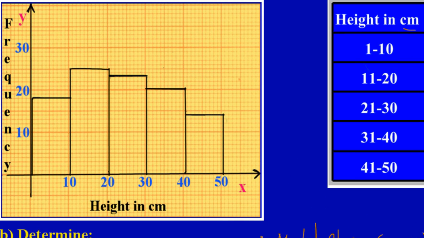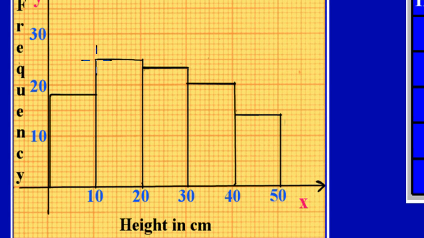You would basically use your rule, and from the second bar in your histogram, I'm starting from the top left hand corner of my second bar, and I'm simply going to use my rule and draw a diagonal straight across to touch the top of the third bar.